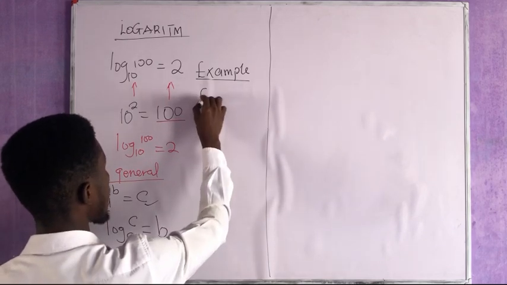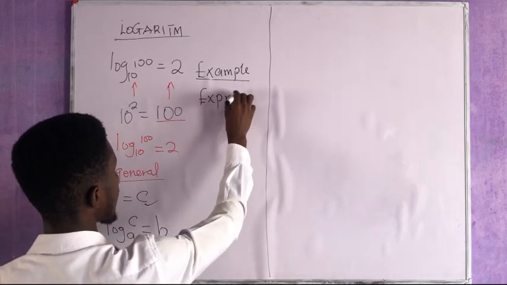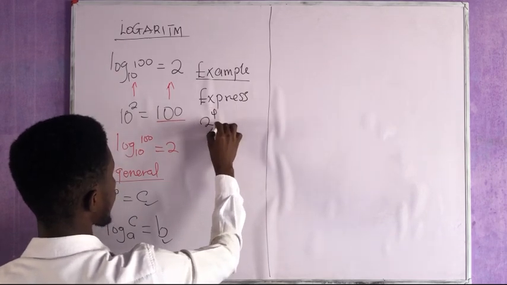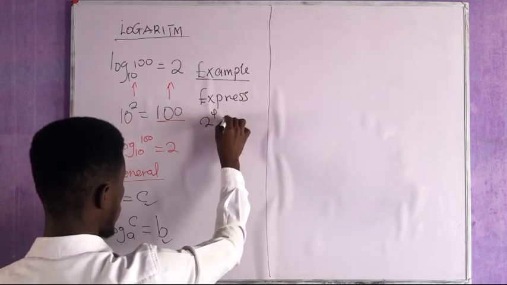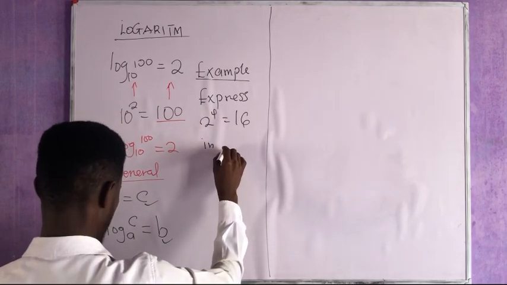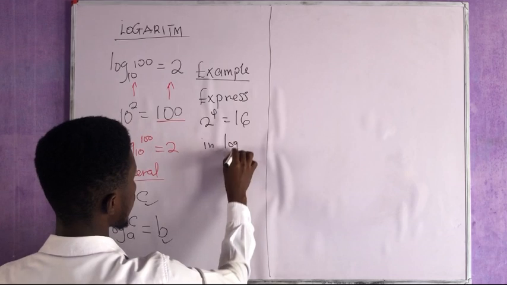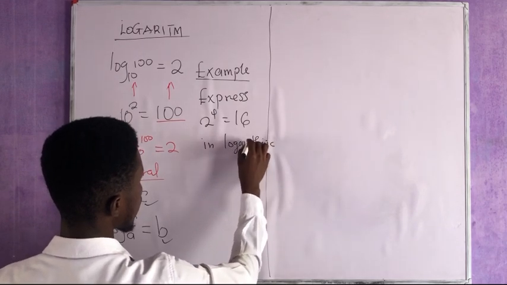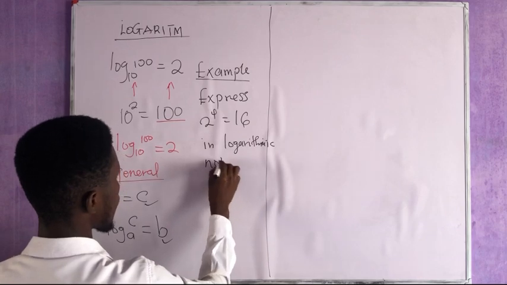Alright, now let's look at an example. Express 2 to the power 4 equals 16 in logarithmic notation.